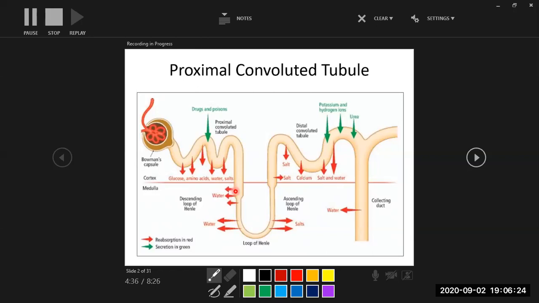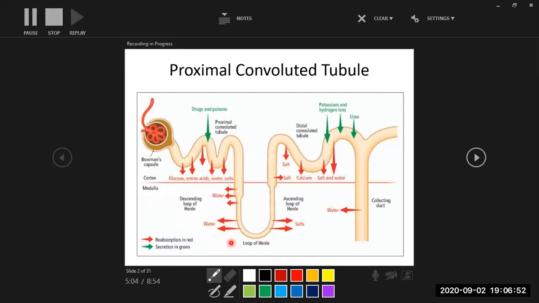And the unique part of this loop of Henle is that they dig into the medulla and come back. So if you remember, if not, I'm saying it again, the difference between medulla and the cortex is that medulla has high concentration. So this interstitium, this region, is very salty.